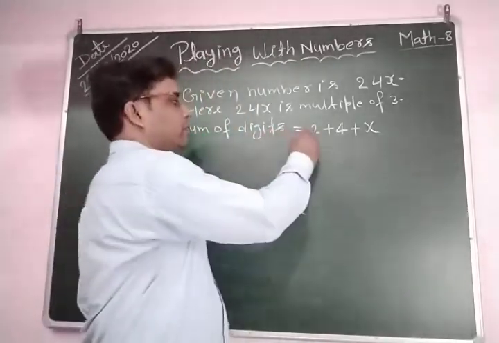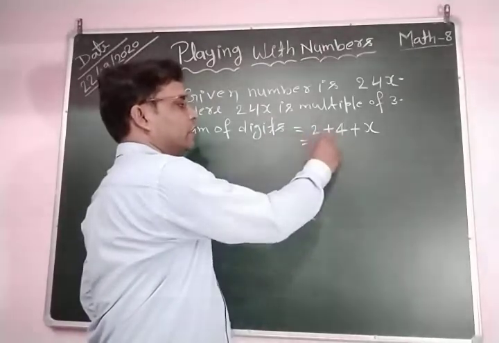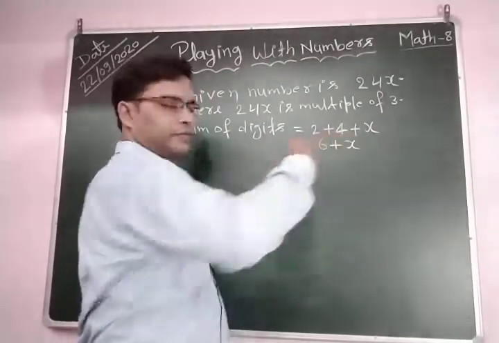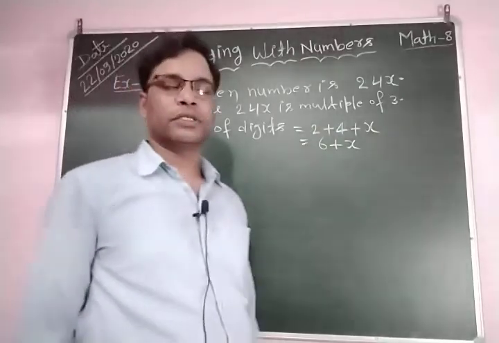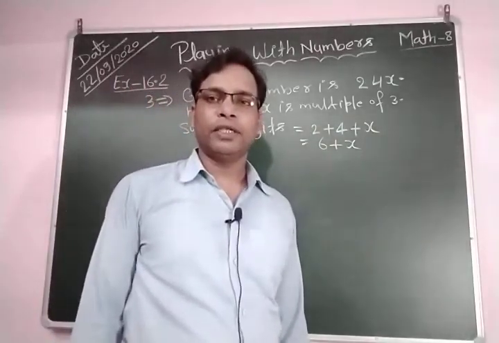So what is the sum? 2 plus 4 is equal to 6, plus x. 6 plus x. So here you need to find the value of x.